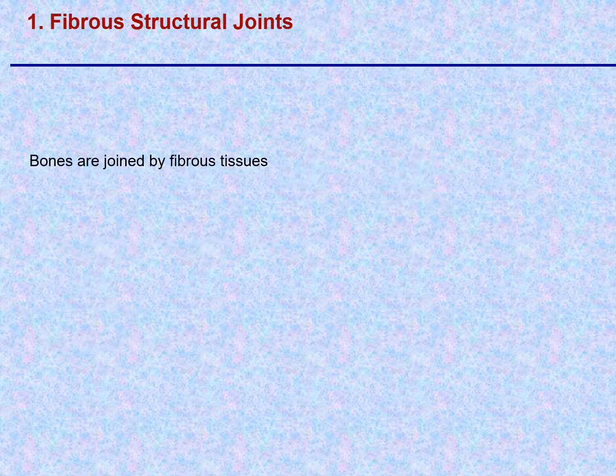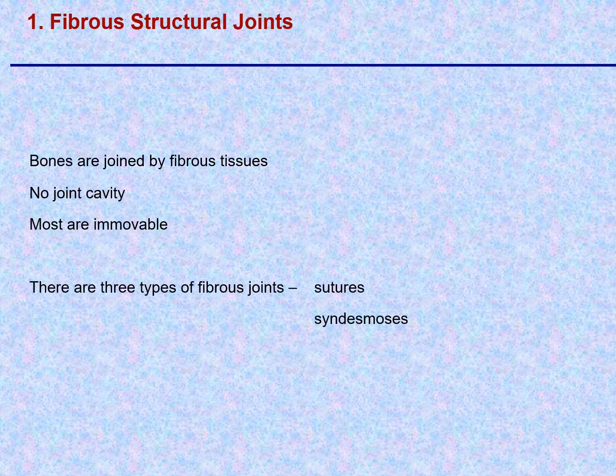So the fibrous structural joints are held together by fibrous connective tissue. There's no joint cavity, no enclosed space around the joint, and most of these types of joints are immovable.